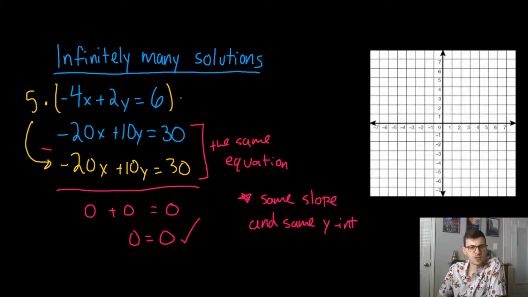We can graph this too. Let's solve for y and graph it. If I add 4x to both sides, I'm left with 2y equals 4x plus 6.